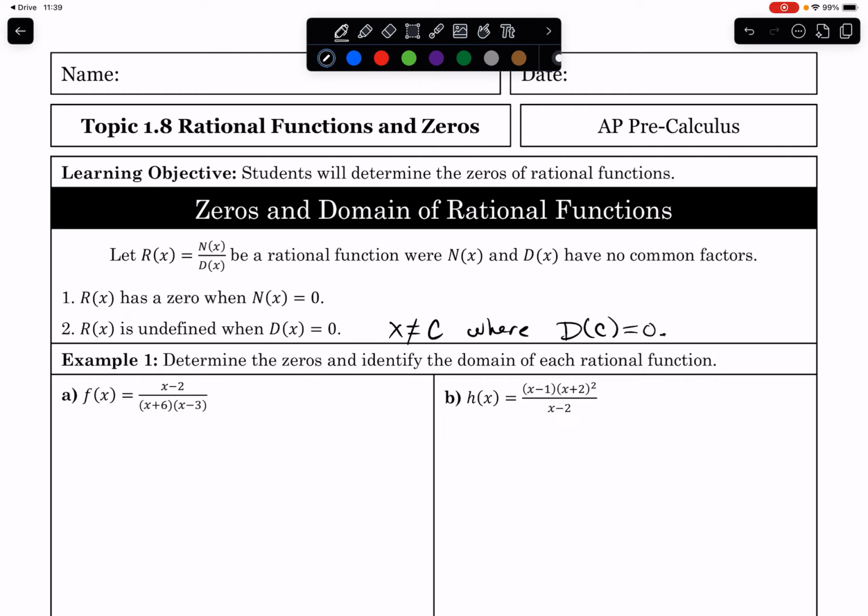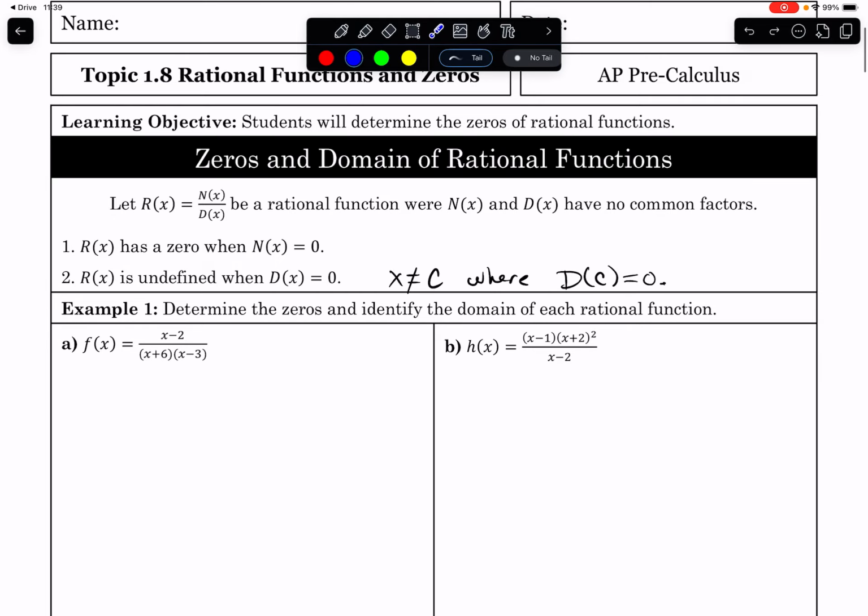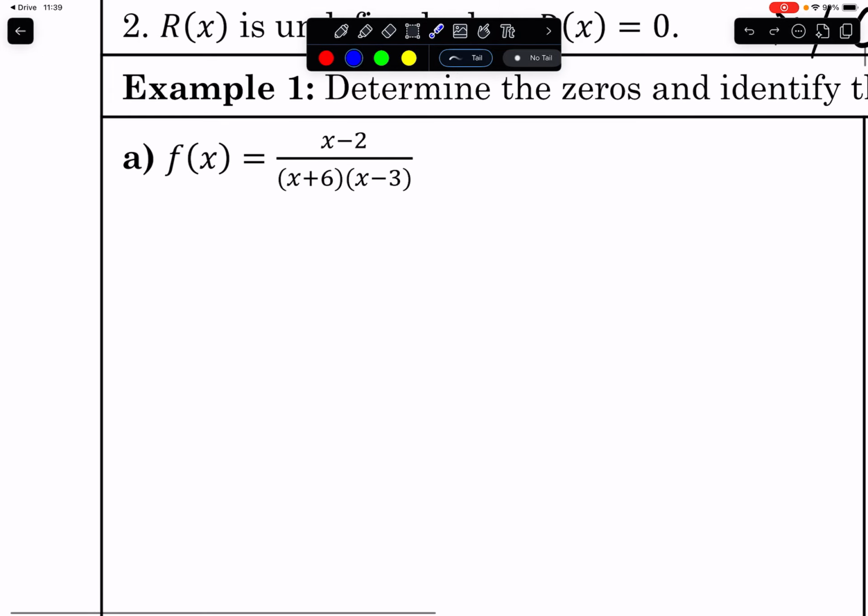And that's how we identify the domain. Our domain would be all of the values except for any number c that makes the denominator equal to 0. So let's find our zeros, where we cross the x-intercept, and the numbers that are restricted from the domain. Let's look at example number 1.